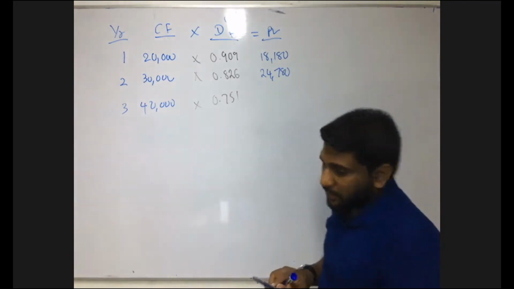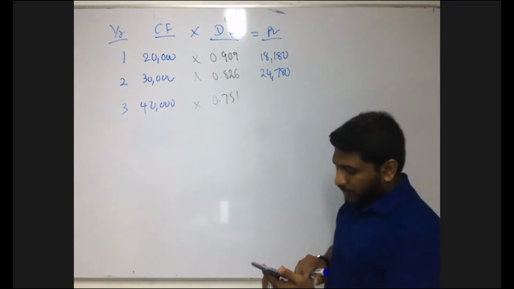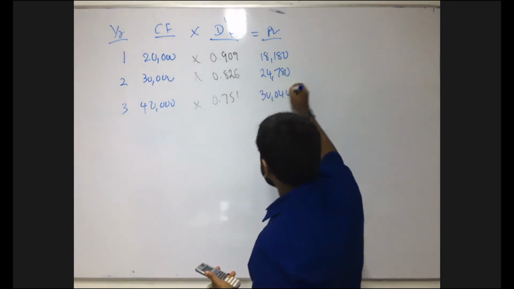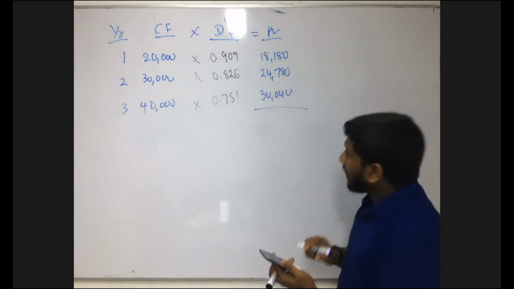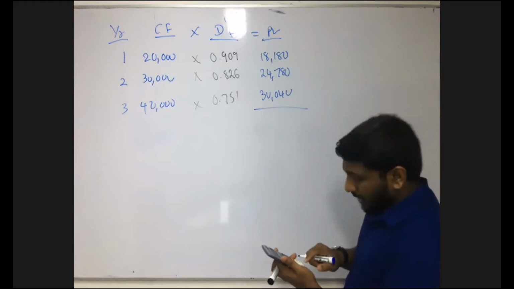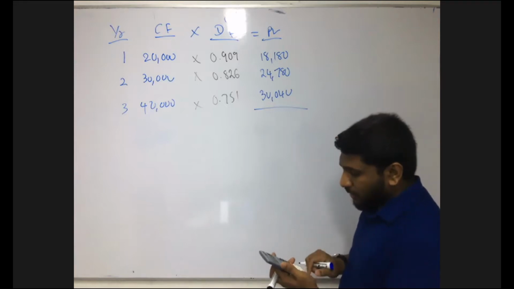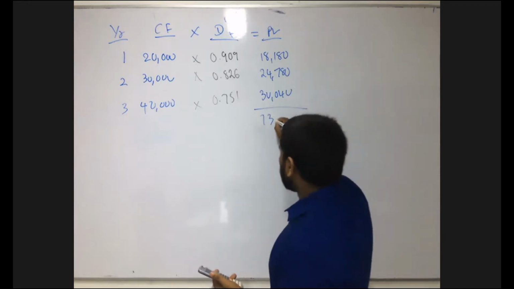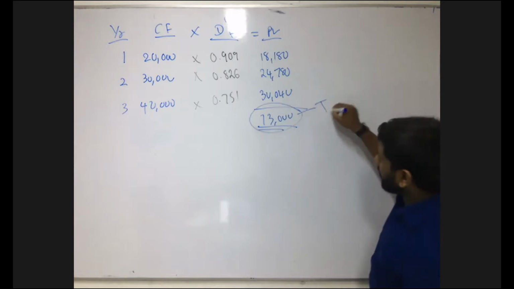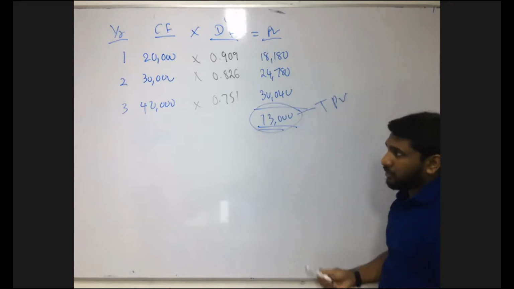Third one is 40,000 into 0.751, here you are getting 30,040. Then what's the total present value? 18,180 plus 24,780 plus 30,040, you will get an answer of 73,000. This is your total present value.